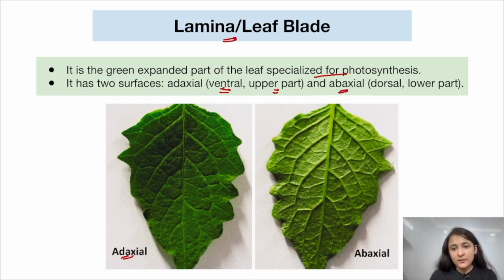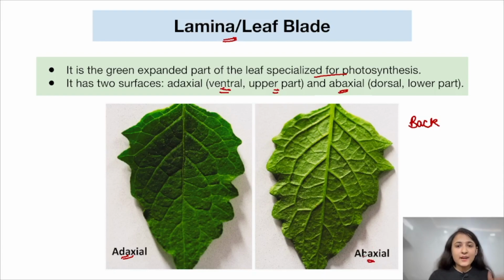In this figure, when you turn the leaf on its backside, you can see the veins. They can be seen on the topmost surface also, but at the back of the leaves they are thicker, lifted and more pronounced. So this is the back portion of the leaf. Since this is the back portion, you can remember it like this: in abaxial also the word back is there, right?